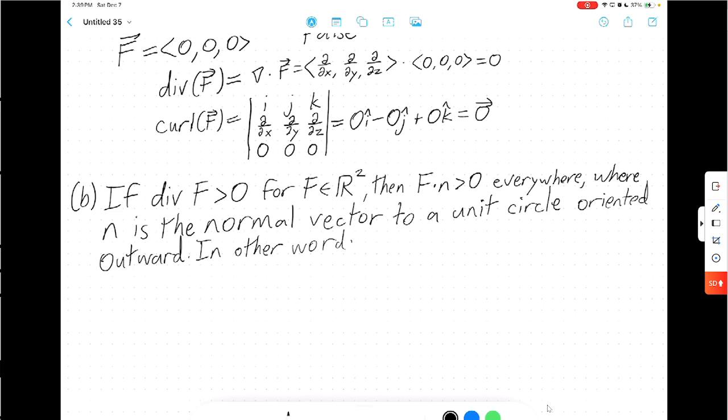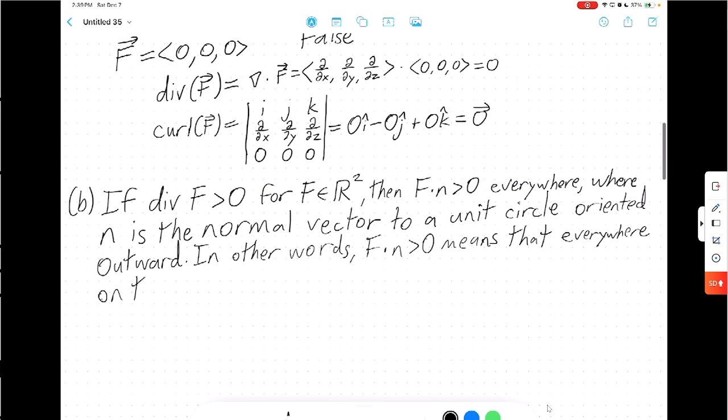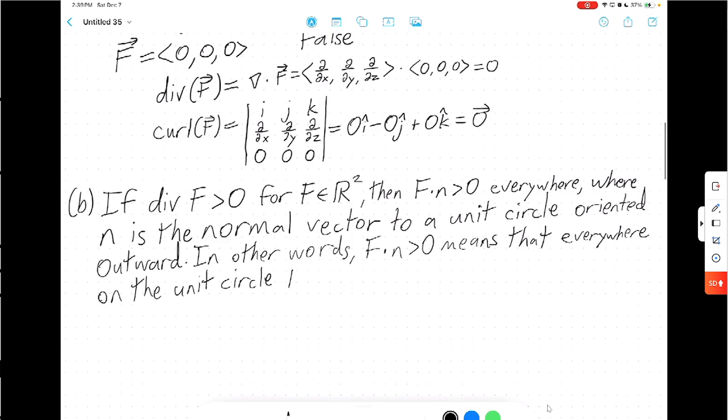In other words, f dot n bigger than 0 means that everywhere on the unit circle, the vector field points outwards. My god, this is a long question.